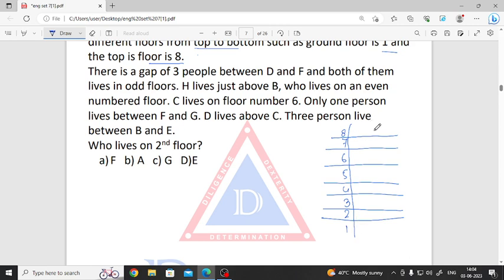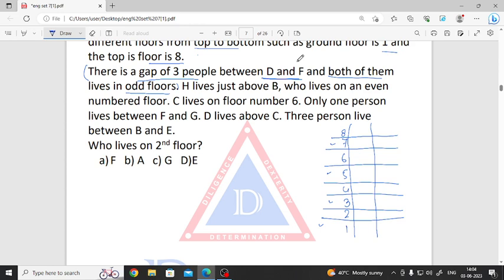So what is the question? The question starts with, there is a gap of 3 people between D and F and both of them live on odd floors. We know the odd numbers are 7, 5, 3 and 1. That means in these 4 floors D and F should be there.